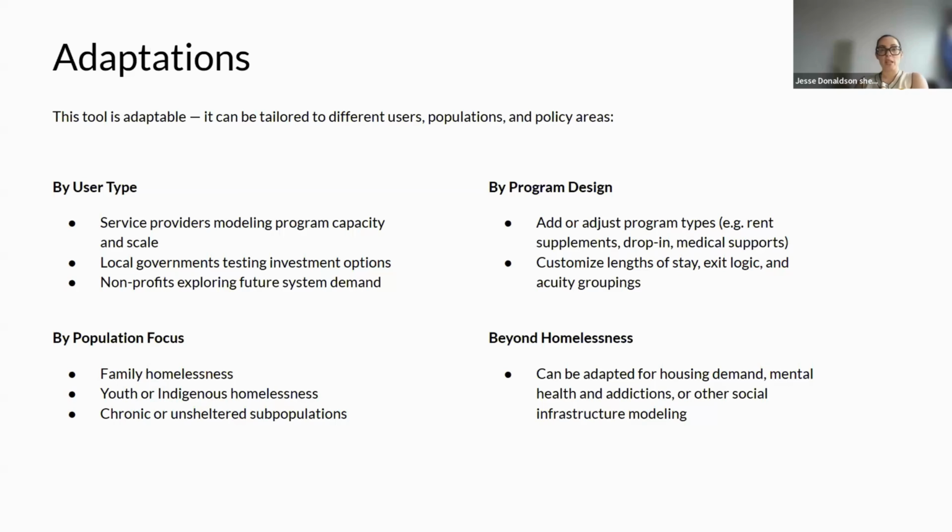You can adjust the program types. We're working on right now where there'll be more supportive housing, mental health in it. You can customize the program lengths of stay. You can also just do it by population and combine it all. That's a little bit more arduous, but you can just look at family homelessness, youth, Indigenous, unsheltered populations. So there's different ways to kind of siphon off demographics.